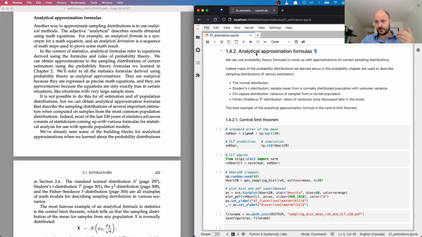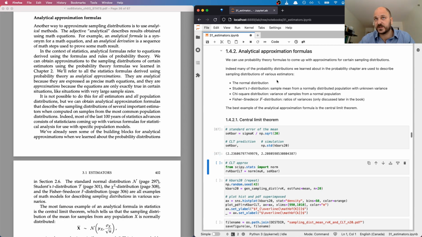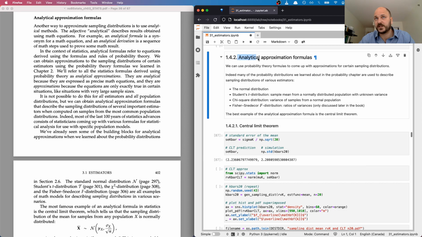We're going to show several different distributions, but using math, such as the normal distribution, student t distribution, and properties of the sample, we can obtain sampling approximations. By the way, analytical means math. So we're using some math formulas, math equations to obtain an approximation.